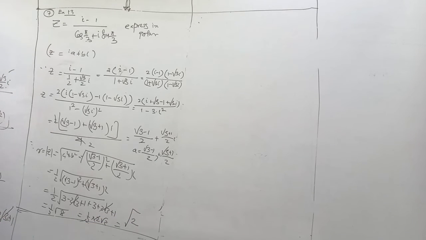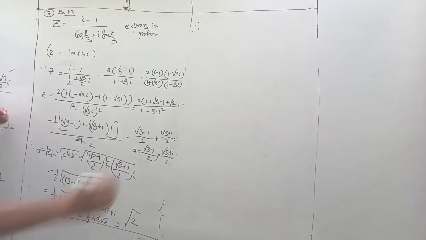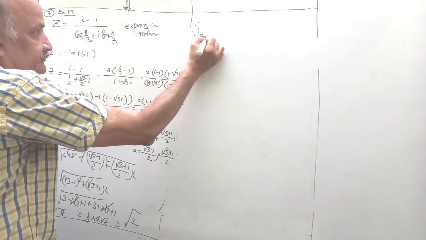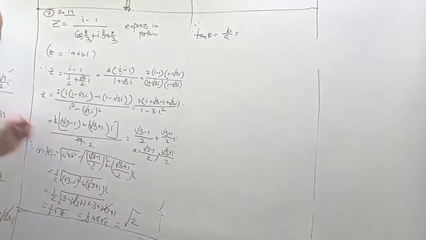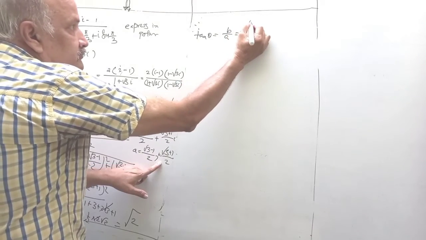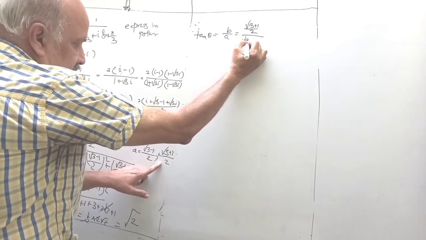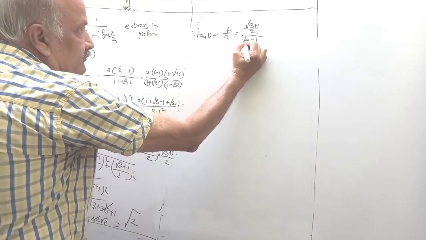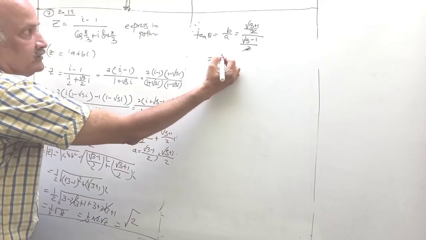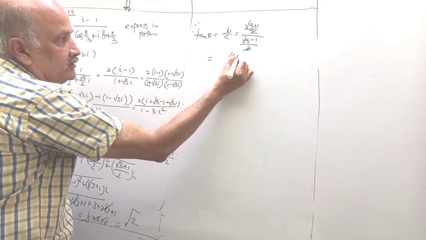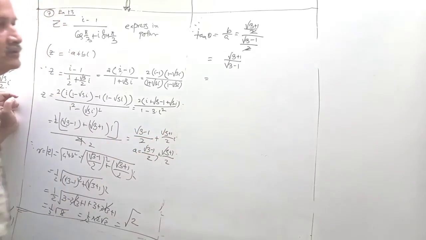Now you see here tan theta equal to b by a. Here the value of b is root 3 plus 1 by 2 and a is root 3 minus 1 by 2. That means we are getting here root 3 plus 1 divided by root 3 minus 1.